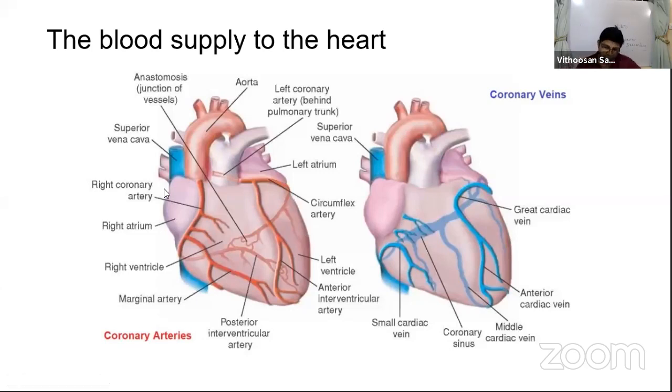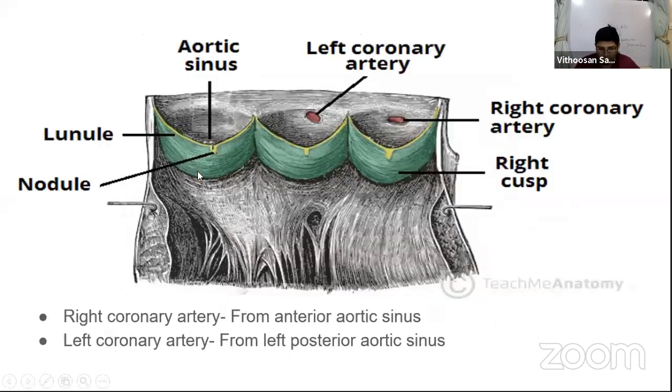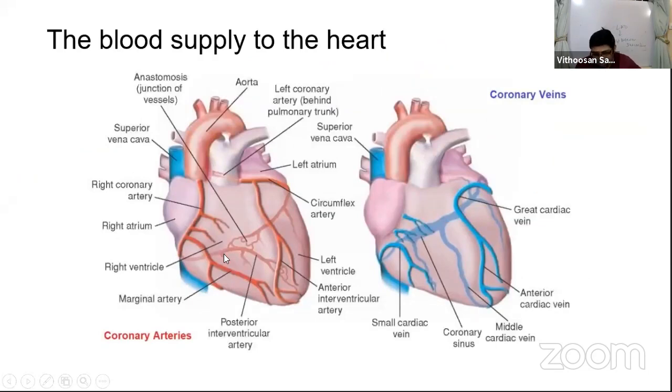Then you have the right coronary, which starts from here, from the anterior aortic sinus. This right coronary curves behind like this, and it is the one mainly supplying the inferior surface of the heart via the posterior interventricular artery.